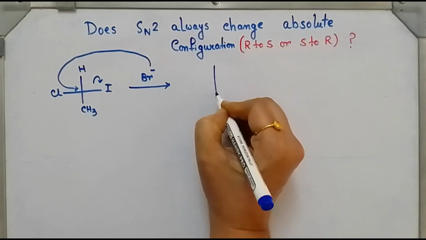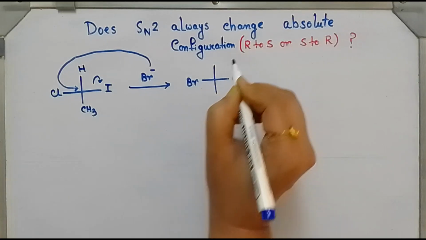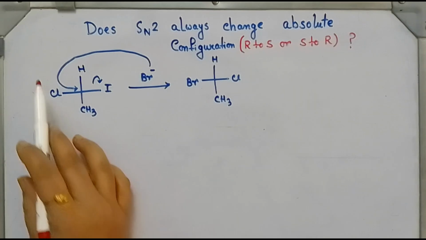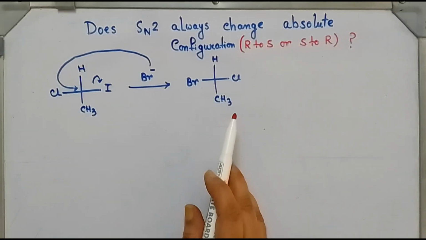So what we will get? Here Cl, here Br, here H, here CH3. Now see, this is a Fischer projection formula. This is also a Fischer projection formula.